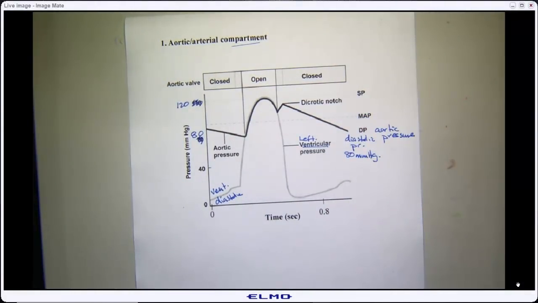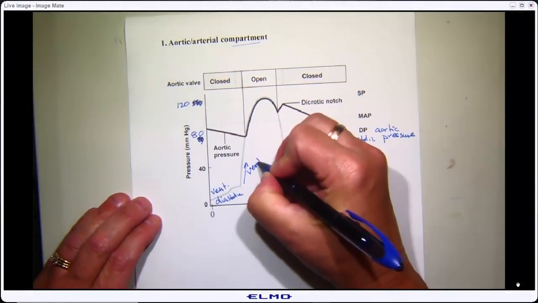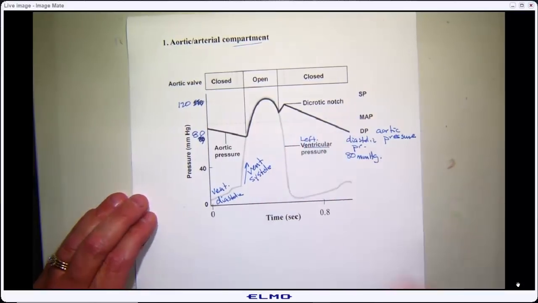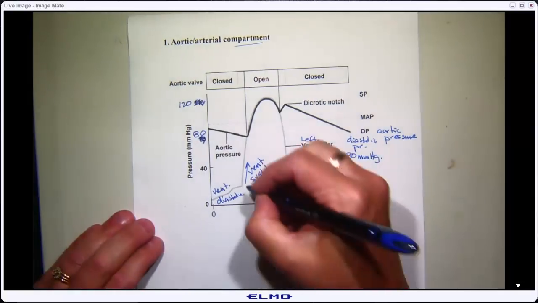So then we get systole, so we get ventricular contraction. All right, so the muscle has got the action potential and is beginning to contract, closes the mitral valve, right? So we've got the mitral valve closing here.